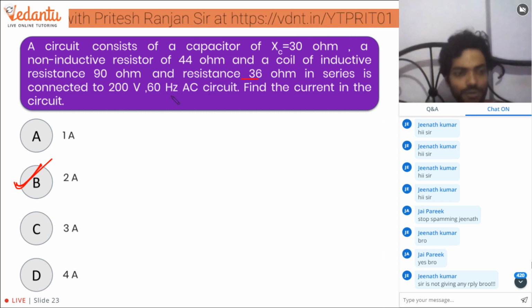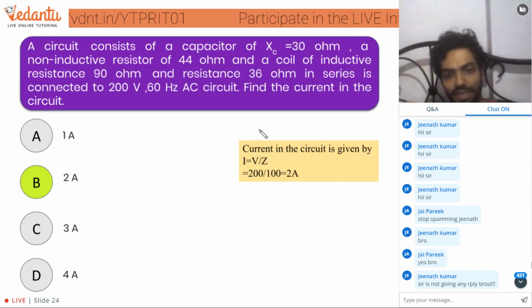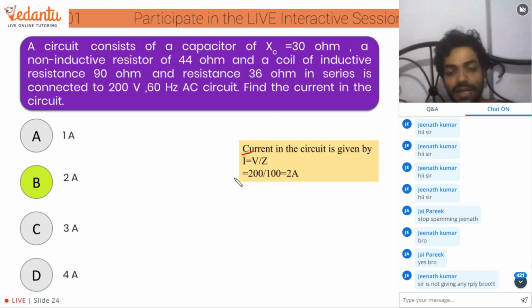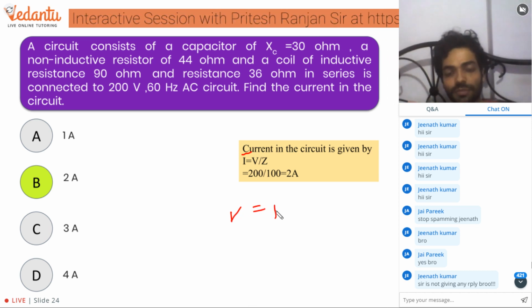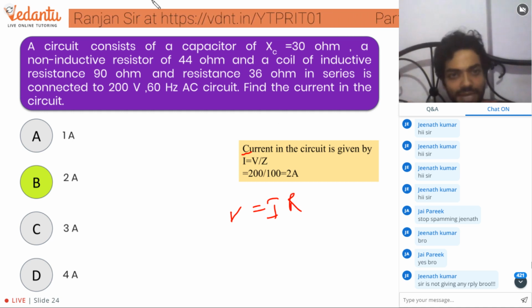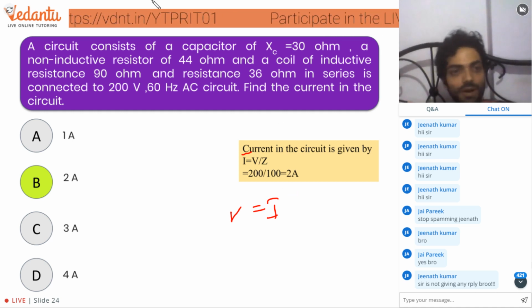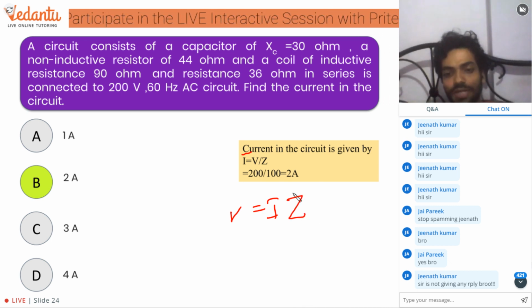All right, let us try to use the concepts and get the answer over here. You can look at the working. Current in the circuit, how will the current be given? As we know, according to Ohm's law, V is equal to IR. But here instead of R, again I am telling, I'll be using Z, because the total resistance I have to consider here, since many components are being connected.